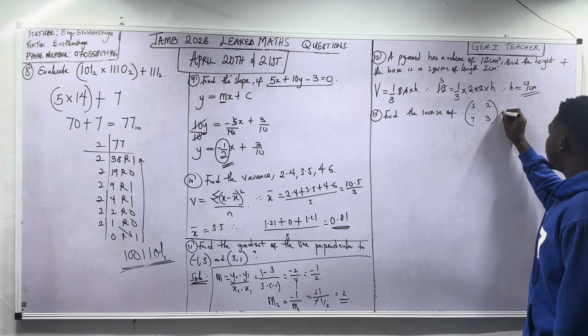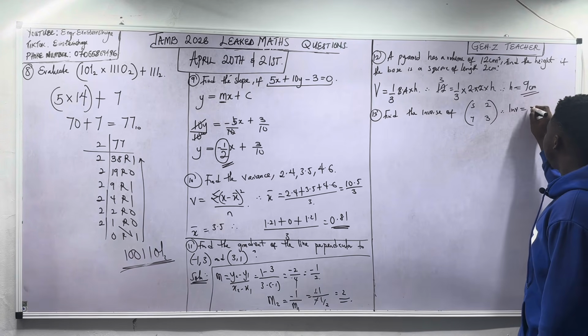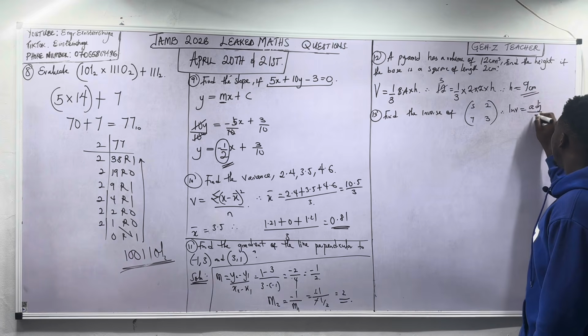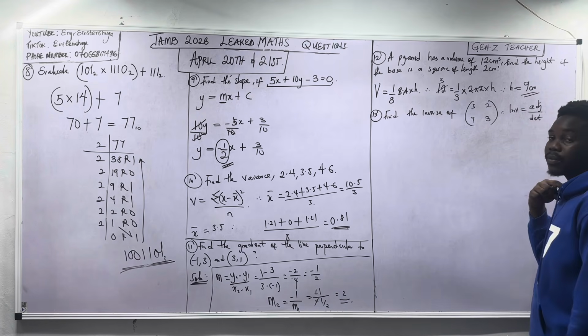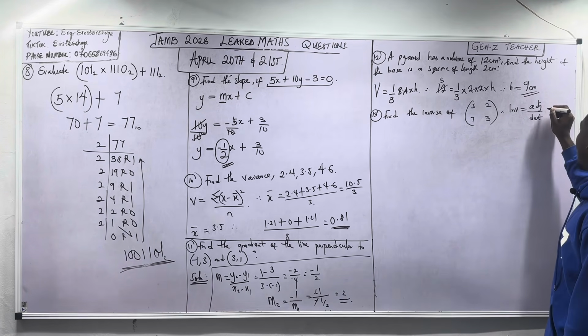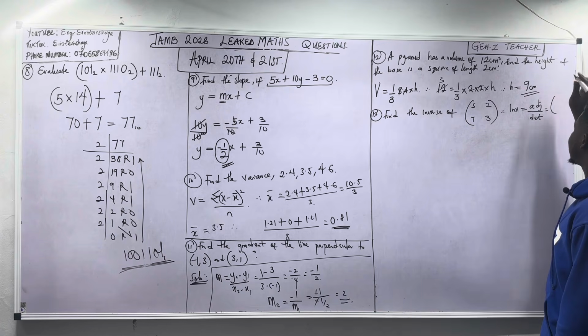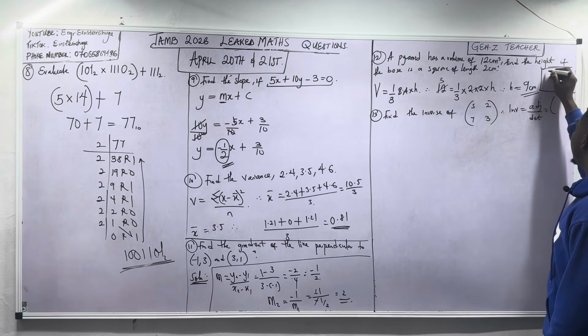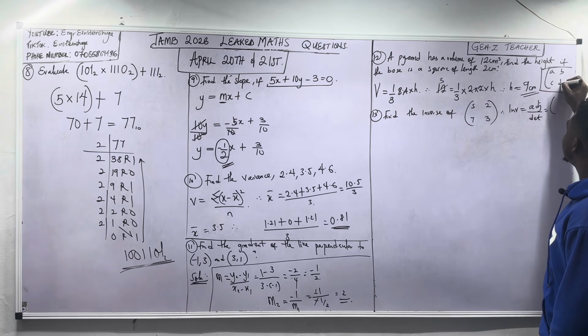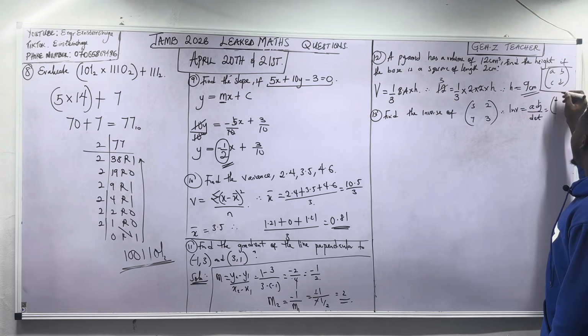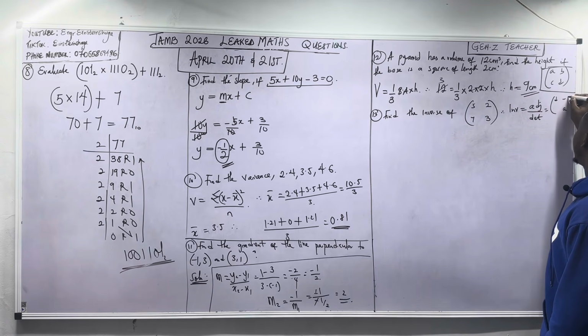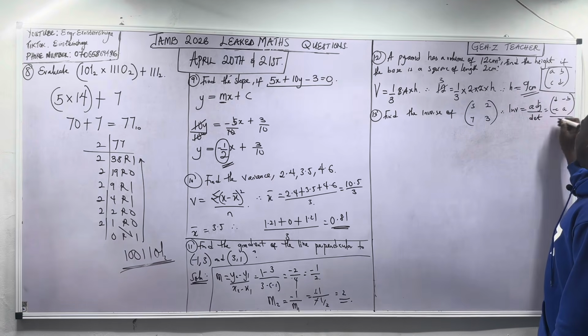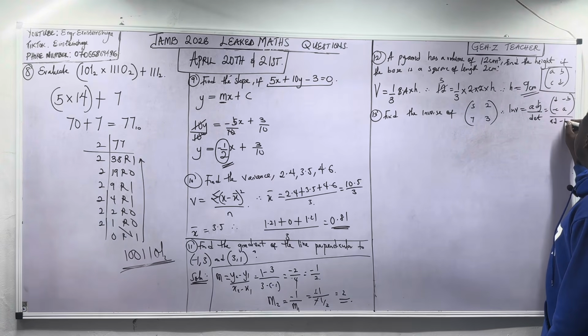Now quickly, the inverse of a matrix is the adjoint over the determinant. How do you find adjoint? Adjoint basically means if you have, for example, a matrix of A, B, C, D, you exchange A and D and then use minus to multiply the other two guys. And determinant is simply AD minus BC.